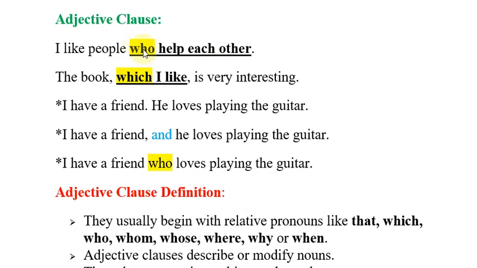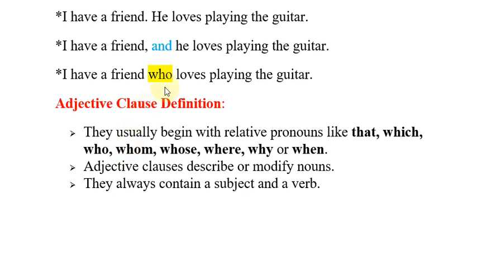Who here is subject, help is the verb. In this form, I is the subject, like is the verb. I have a friend who loves playing the guitar. Here, love is the verb, and who here is the subject. That is the difference.